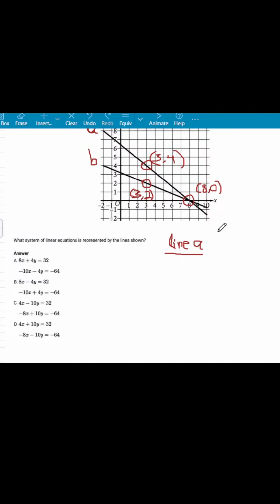We'll use this form, y minus y1 equal to m times (x minus x1). Here (x1, y1) is a point on the line, and m is the slope.